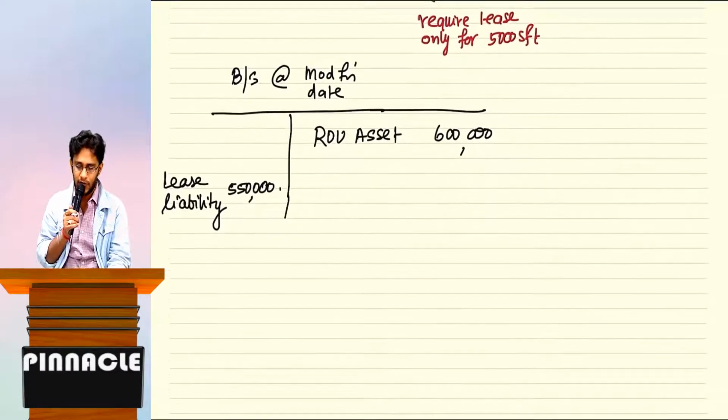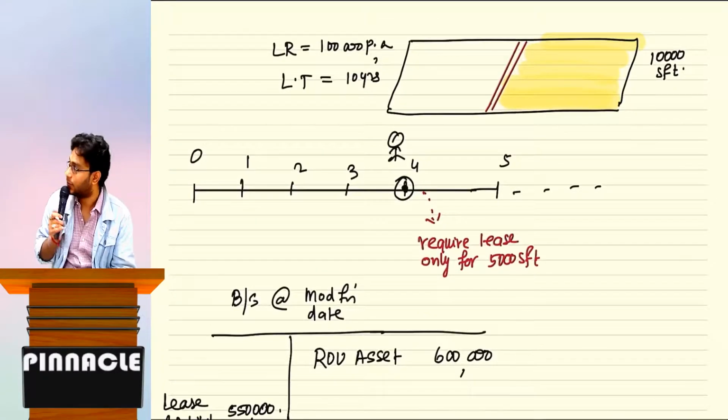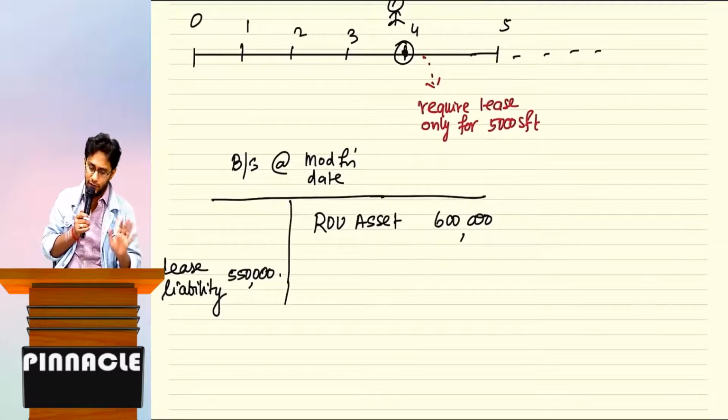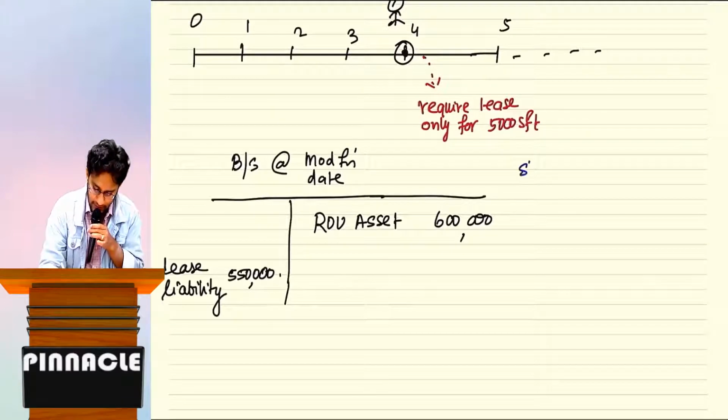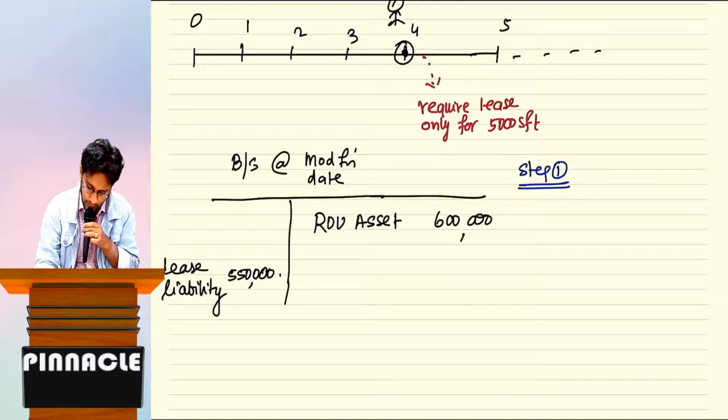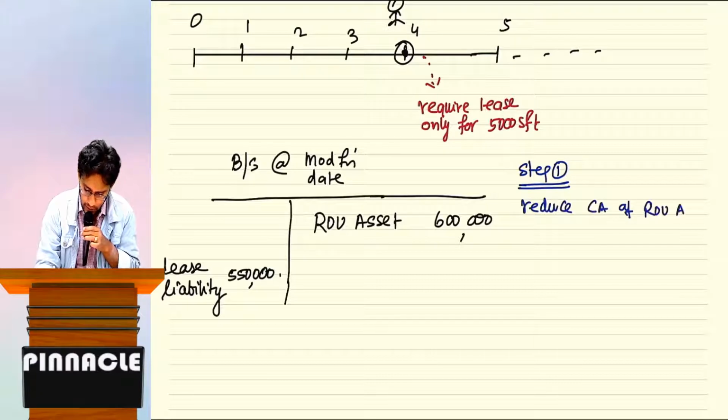Now, at this stage, you understood that there is a decrease in the scope of the lease. I'll tell you the steps, sir. Have patience and understand. Step number 1, reduce carrying amount of ROU asset proportionately.